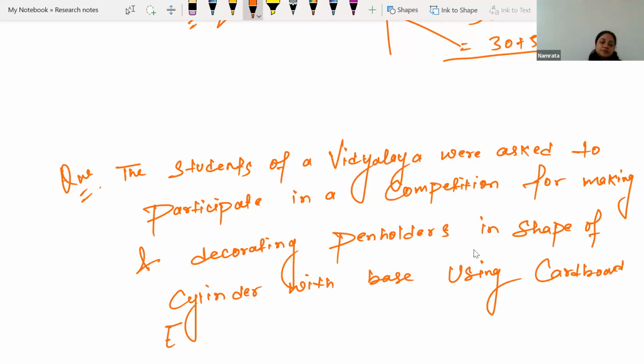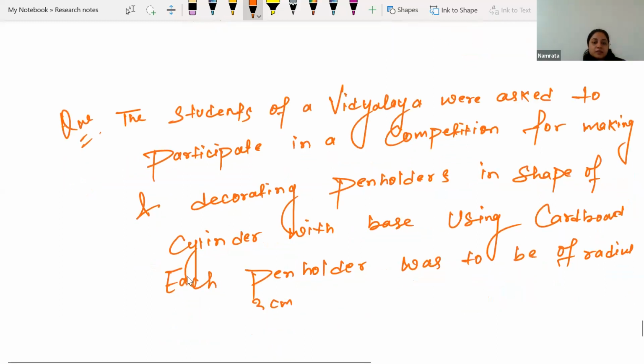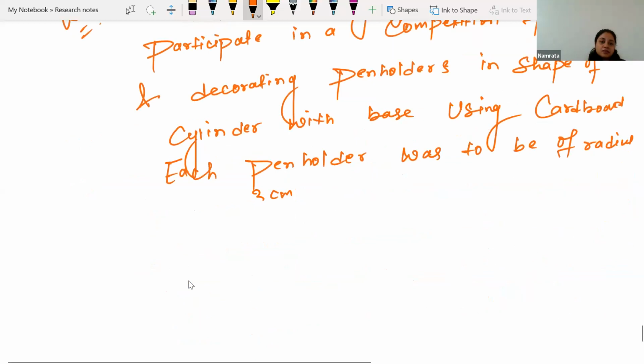Each pen holder was to be of radius 3 centimeter and height 10.5 centimeter.